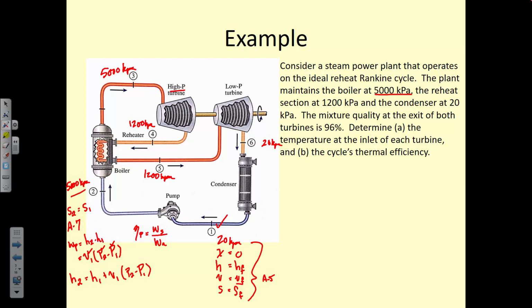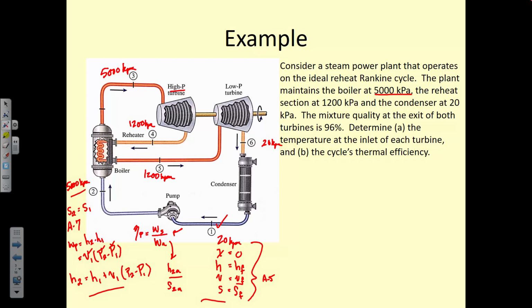So if you know the isentropic efficiency, you still follow the same methodology to solve for H2, but then you plug it into this equation to solve for your actual H2. And then using that, you can interpolate on the table and find an actual entropy as well. Okay, any questions on that?